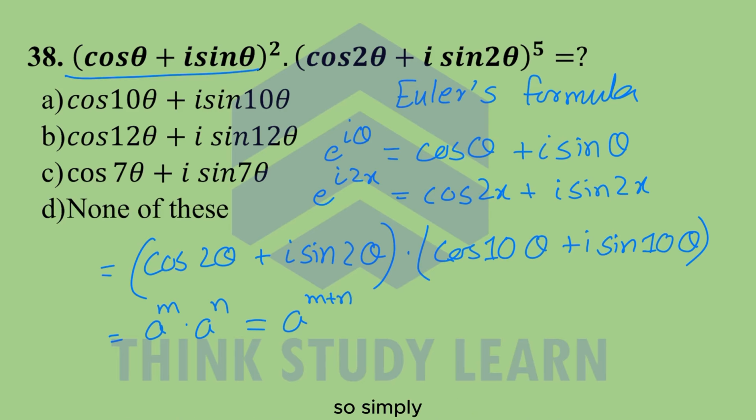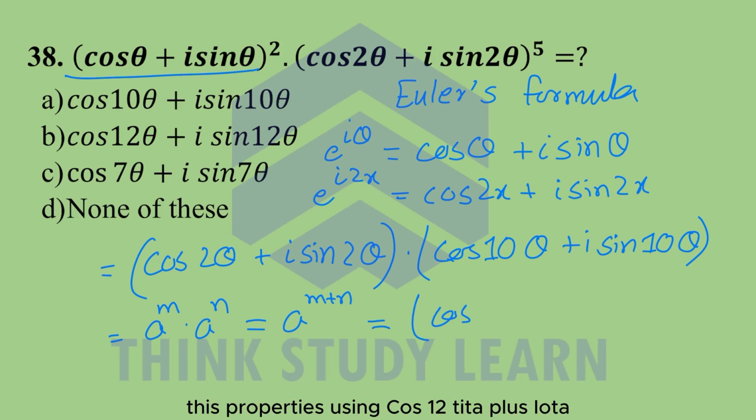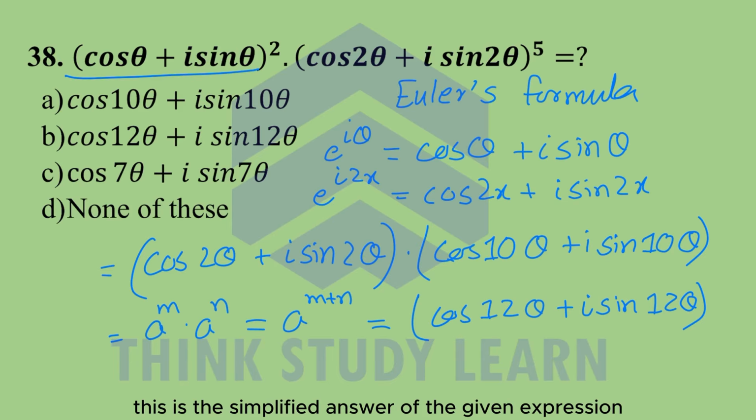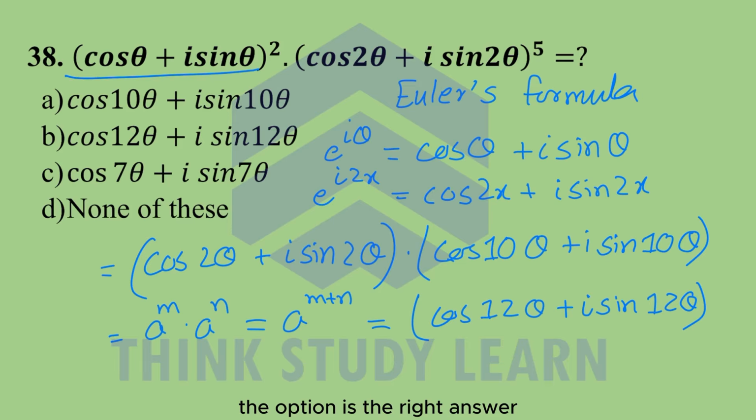So using this property, we get cos 12 theta plus iota sine 12 theta. So this is the simplified answer of the given expression. B option is the right answer.